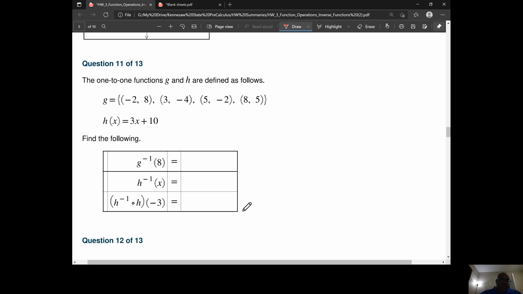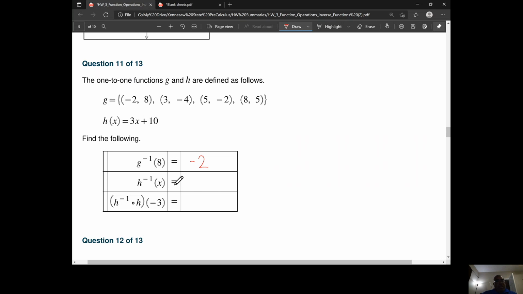So the first problem, g inverse of 8. What is the g inverse of 8? That is -2. If I take the inverse of this function, the inverse means the inputs and outputs switch. So this becomes the input, which means that becomes the output.